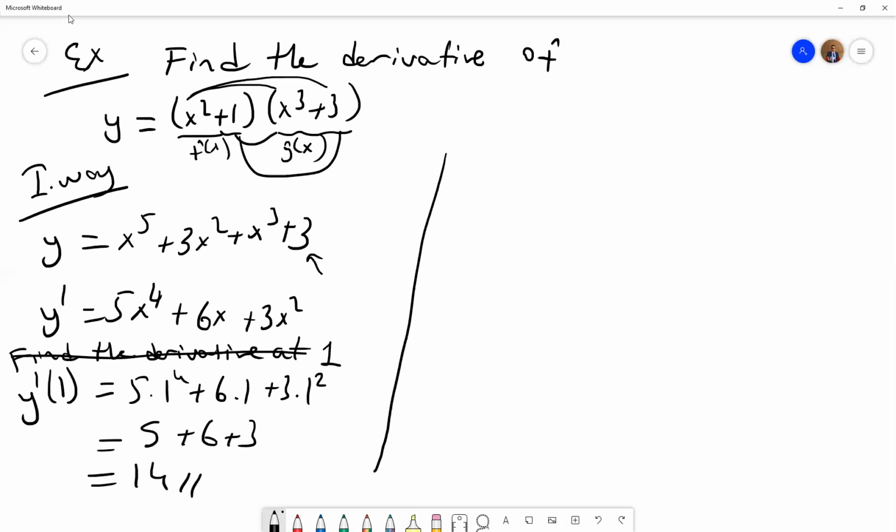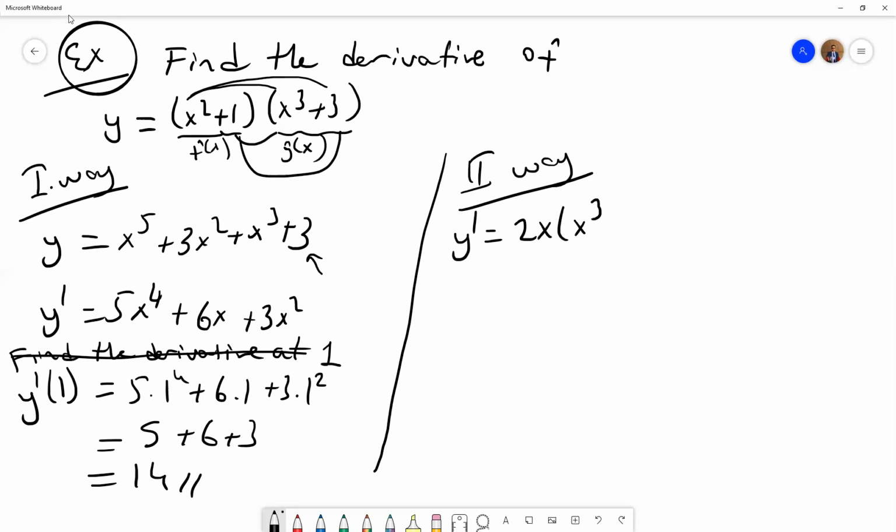Yeah, maybe like that. For the first question, this example, and the second way, we can use the product rule or multiplication rule, whatever. y prime is equal to, find f prime x, the derivative of f(x) with respect to x, 2x, and multiply it with g(x), and then plus the derivative of g(x) with respect to x, this is 3x squared, and multiply it with f(x).